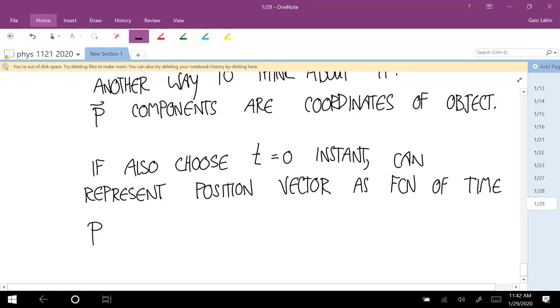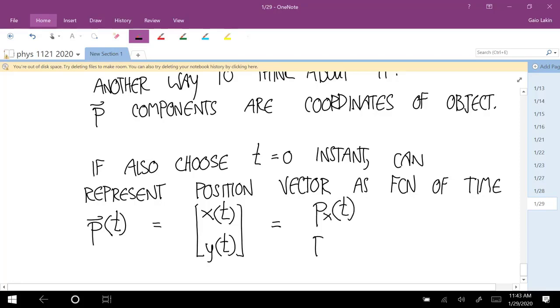And I'll write that. So there's the position vector. It's a function of time. And I'm going to break this down into an x component as a function of time and a y component as a function of time. Sometimes you'll also see it as px, the x component of the position, and py as a function of time. Those mean the same thing.